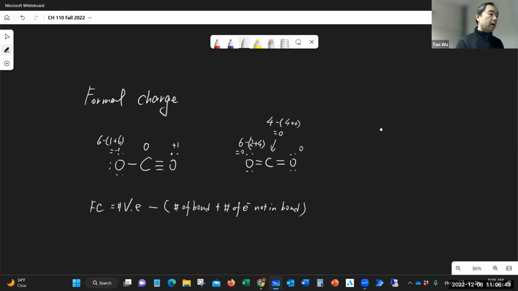That is why we say this kind of structure is better than this one. This is the purpose for the formal charge. Again, formal charge is not used to help figure out the charge for those atoms. It's just a way to help you determine which structure is correct or not. So this is formal charge.